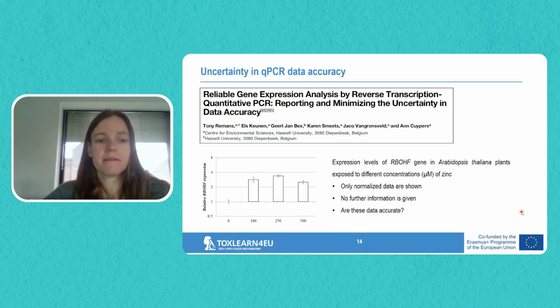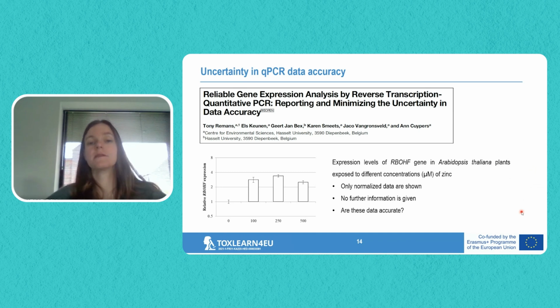So then in the next set of slides, we will go through the principle behind the GrayNorm algorithm that I just talked to you about. So the goal of this algorithm is to determine which reference genes are best suited to normalize the data obtained from a particular qPCR experiment.